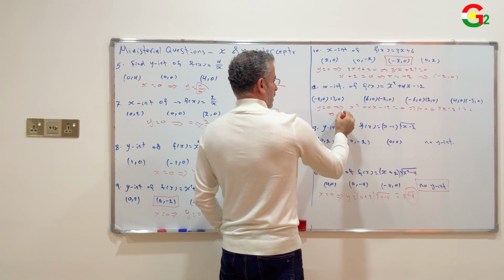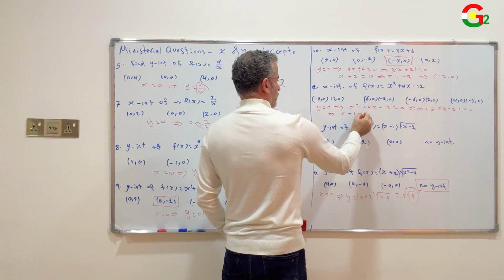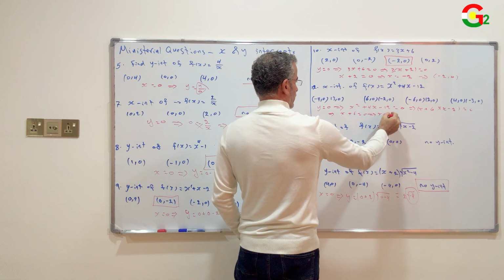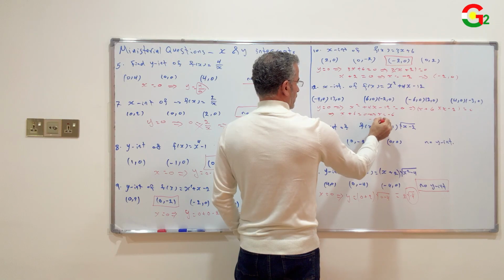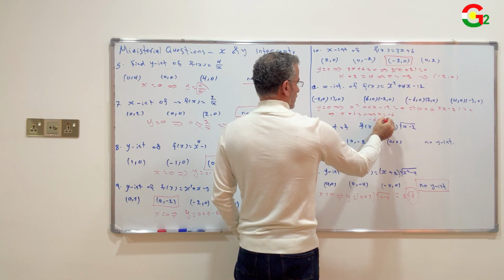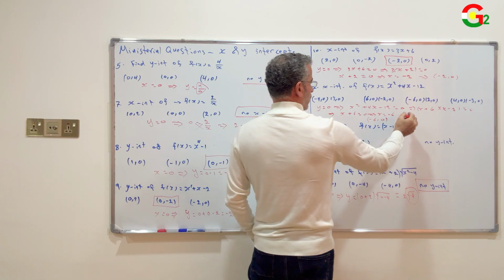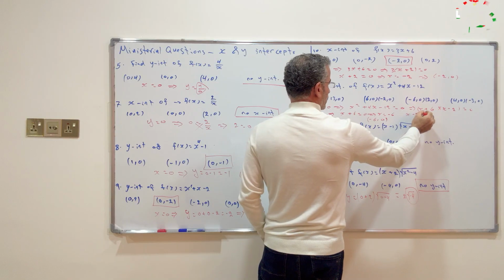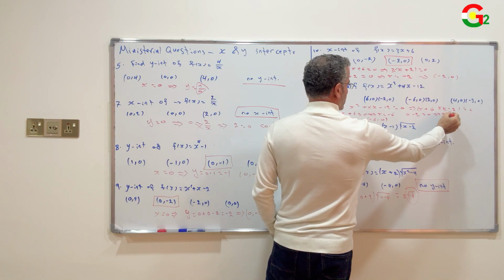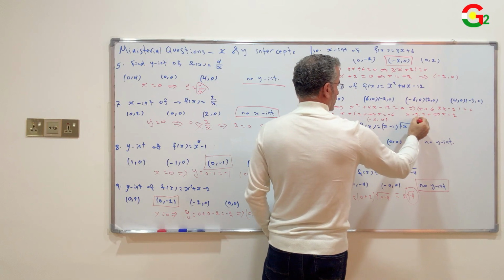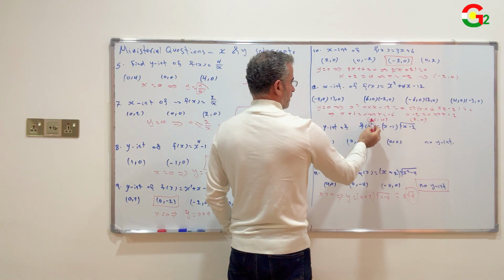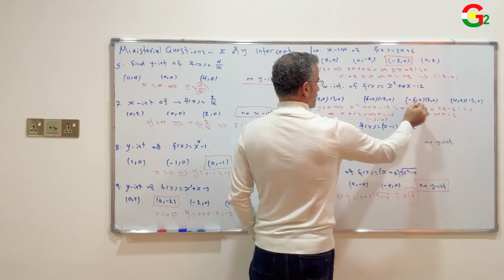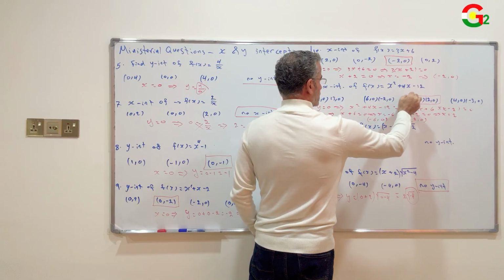Then either x plus 6 equals 0, then x equals negative 6, so this point is (negative 6, 0), or x minus 2 equals 0, then x equals 2, and this intersection point is (2, 0). Therefore, (negative 6, 0) and (2, 0). Choice C.